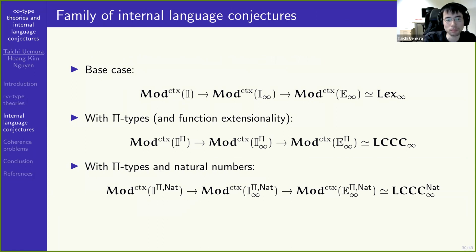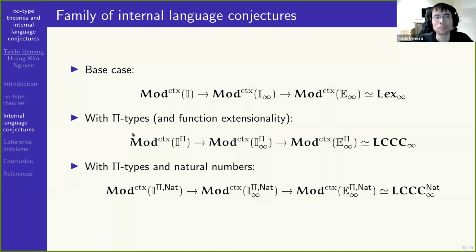Okay, so then we have the internal language. We reformulated the internal language conjecture for finitely complete infinity categories, and we constructed these functors and conjecture that this induces an equivalence between the localizations. But the construction of these functors is also easily generalized, and we get a family of internal language conjectures very easily.